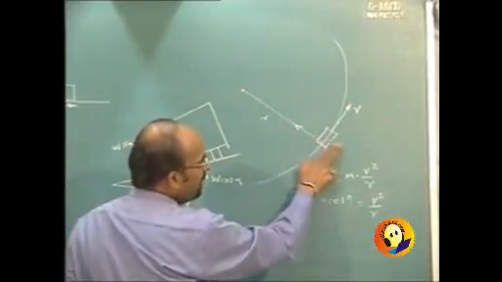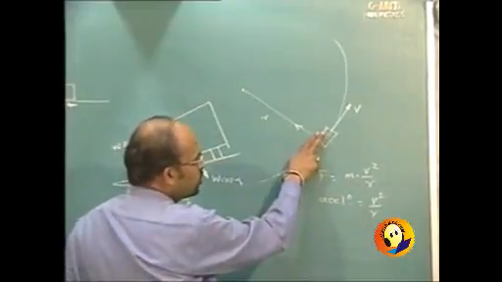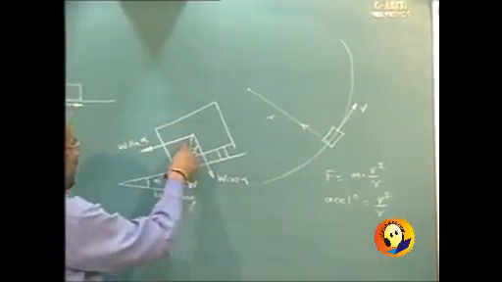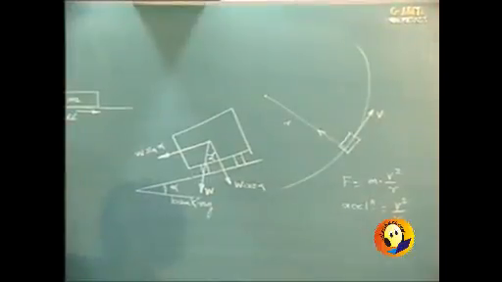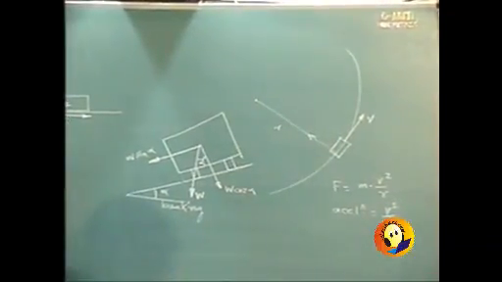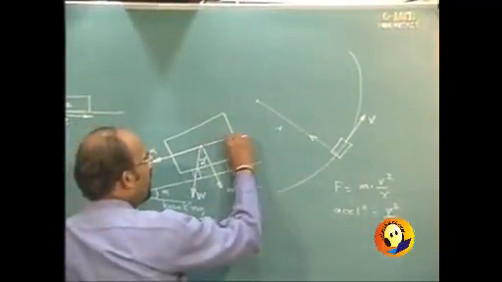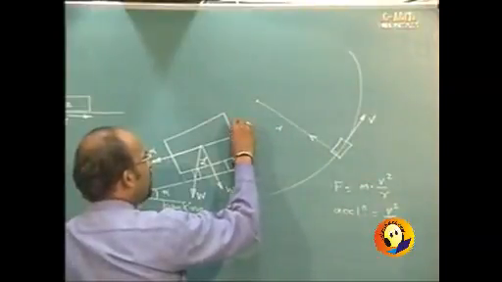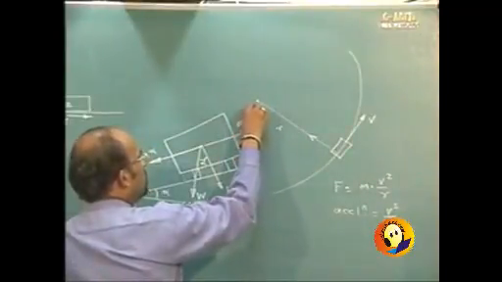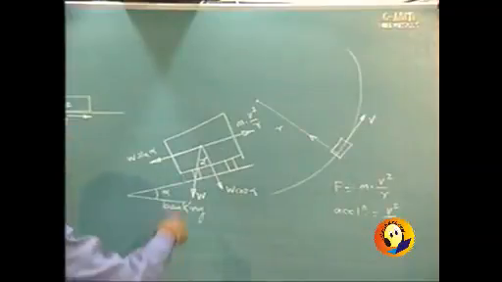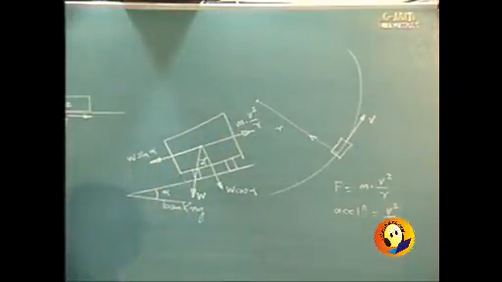The vehicle might go away, and to stop this movement we apply the component of the force, which is W sin alpha, and the component of the centripetal force is going to act in this manner, which is m into v square upon r. So equating these two, we can determine the angle alpha.